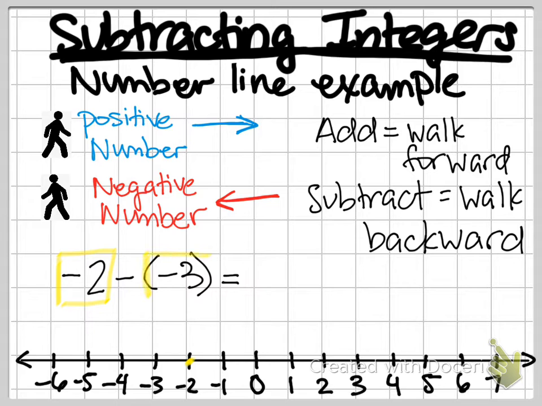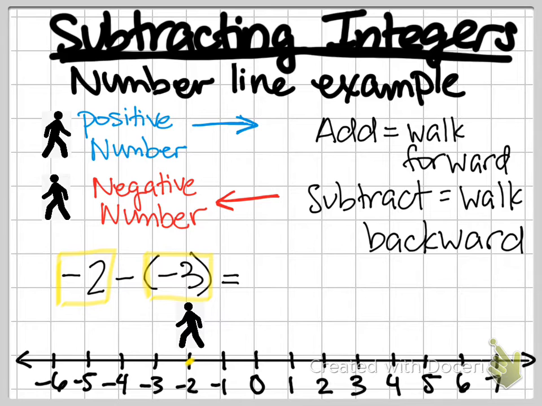The second number is a negative number, so that tells me that I need to copy the person who is facing the negative direction. So let's do that. So my person who is facing a negative direction, I'm going to place him right above -2, which is our starting point.